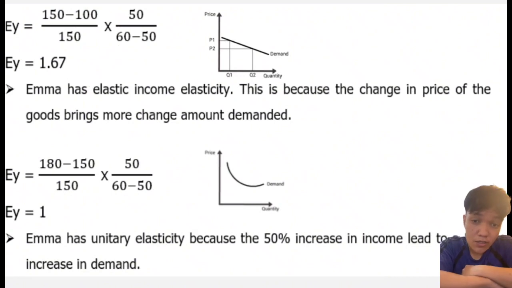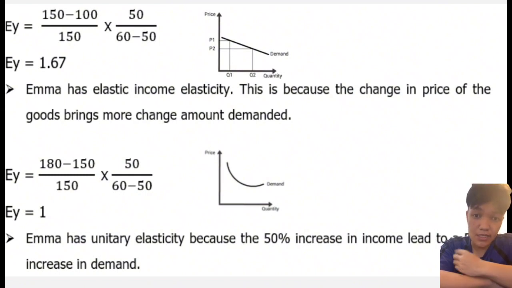So in order to determine whether this price item is price inelastic or elastic, we will be using the given formula in the textbook, which is EY equals QD1 minus QD0 divided by QD1 times Y0 divided by Y1 minus Y0.